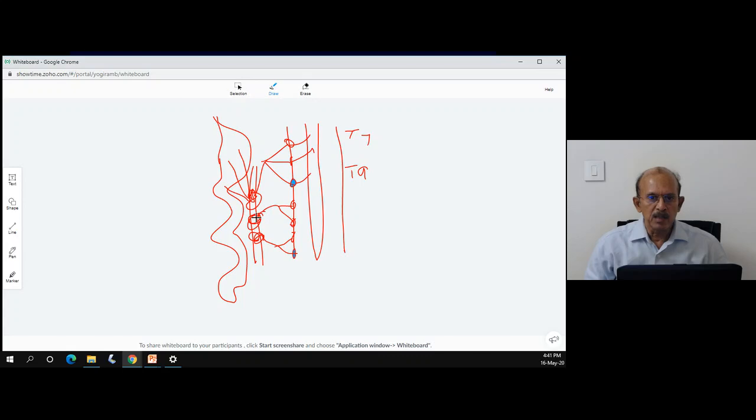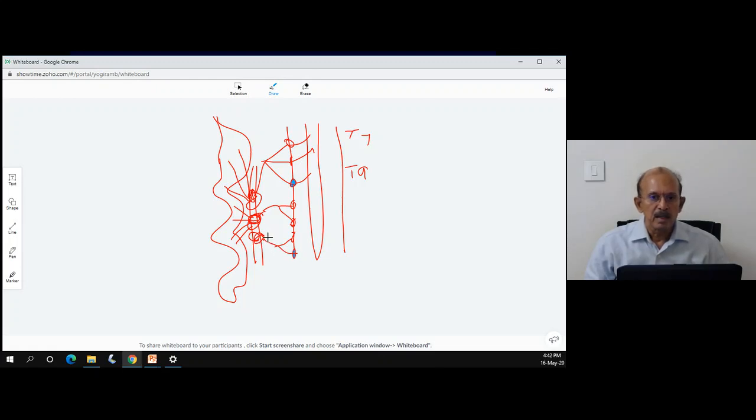Then the lesser splanchnic nerve supplies the superior mesenteric plexus. From this plexus, the nerve fibers will go and join the structures supplied by the superior mesenteric artery. That means the small bowel, ascending colon and right two-thirds of the transverse colon.